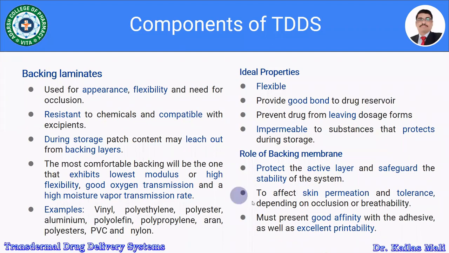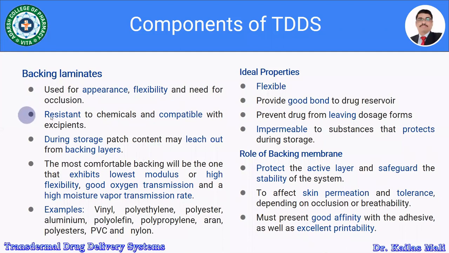Then further, it is going to affect the skin permeation and tolerance depending on the occlusion or breathability. It must present good affinity with the adhesives, as well as excellent printability. So the backing laminates are used for appearance, flexibility, and need for occlusion.